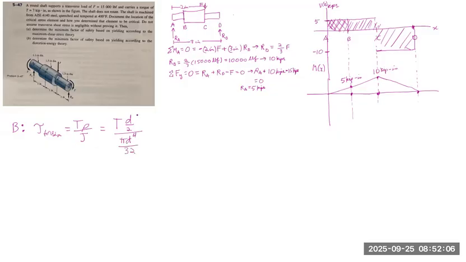The diameter we are concerned with is the 1.1 inch diameter because this is the critical location, since it's a smaller diameter for part B. We could have picked the 1.5 inch diameter also, because that's also for part B, but we picked the 1.1 inch diameter because it is more critical. This simplifies to 16 times the torque over pi d cubed.